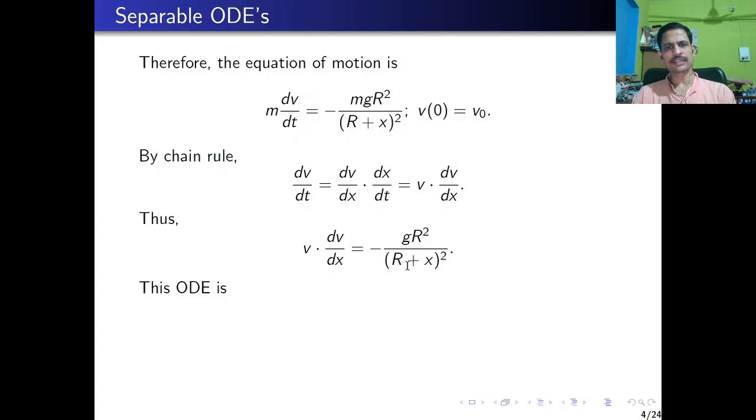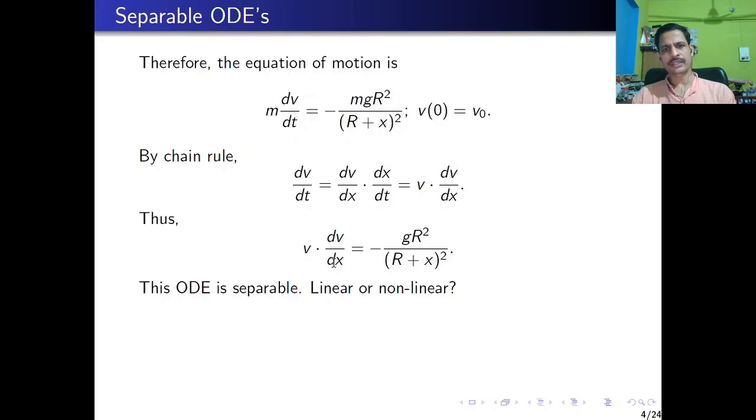Now the variables can be separated here. This is a separable ODE. What do you think? Is it linear or non-linear? It is non-linear because the dependent variable v and its derivative with respect to x occur as a product.